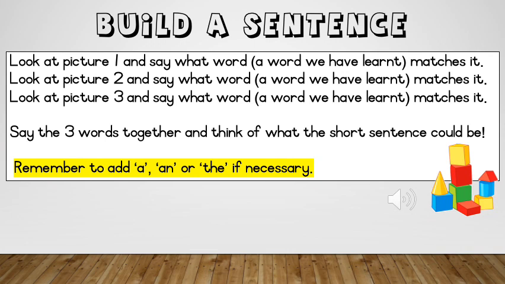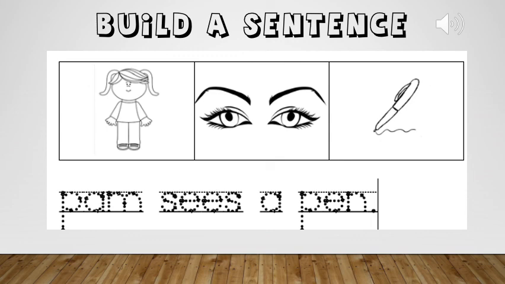Alright, so here are the steps to building a sentence like we have already discussed. The adult has a discussion with the child about the pictures before creating the sentence. Discuss these 3 pictures and then think of the sentence that you can create. Remember that this has been put into the pack that has been collected or downloaded.